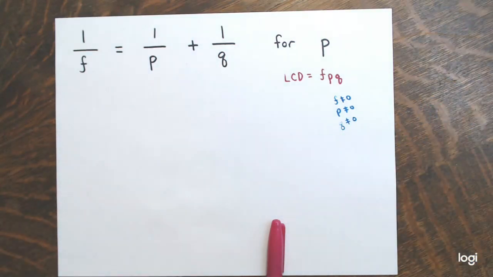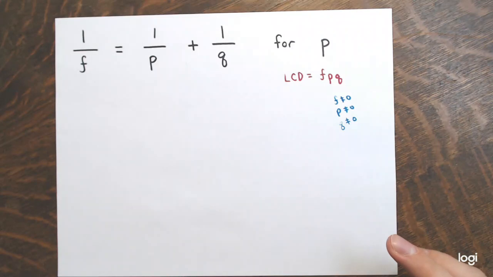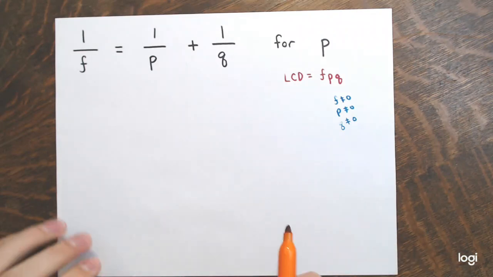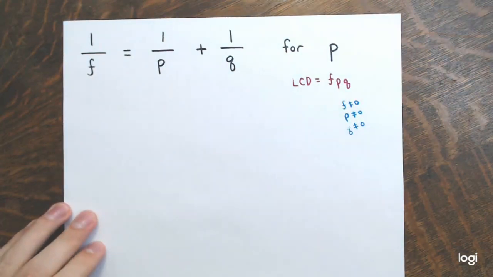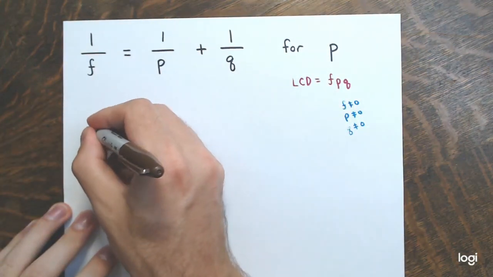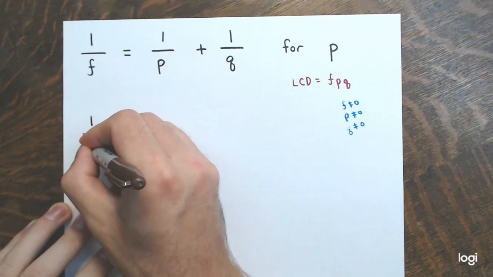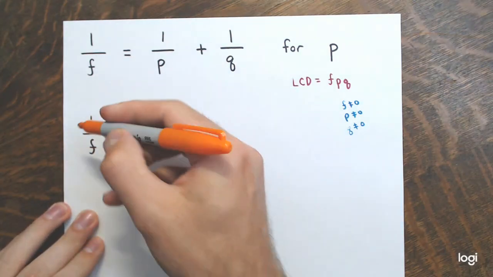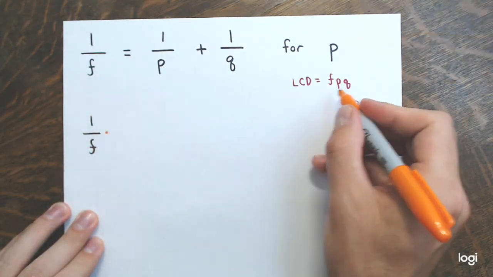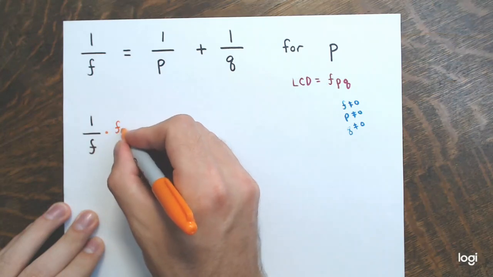Alright, so now comes the part where I multiply both sides by the LCD. And again, the reason for that is so we can rewrite our equation as an equation without denominators. So the left side, I have 1 over f, just the one fraction, times, I'm going to multiply that by the LCD, f times p times q.